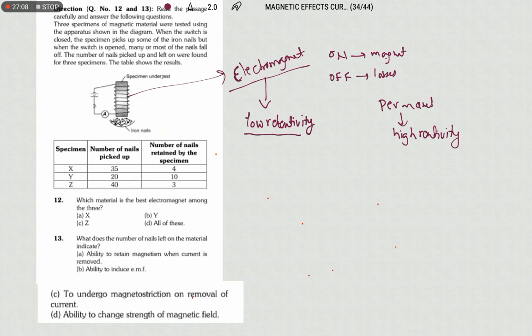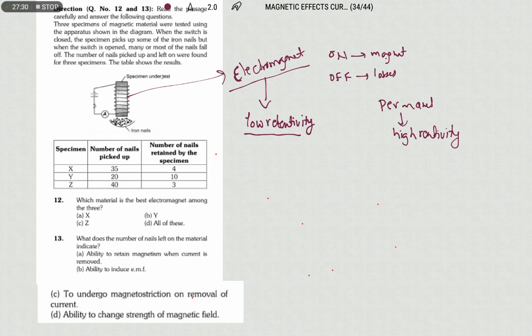Which material is the best electromagnet among the three? I told you that already. If it is an electromagnet, it has to attract the maximum number of nails when the switch is closed. When the switch is open, it has to leave only a small number of iron nails.